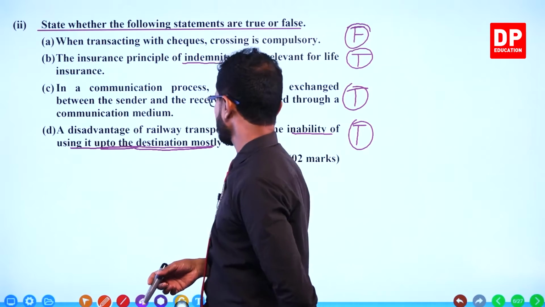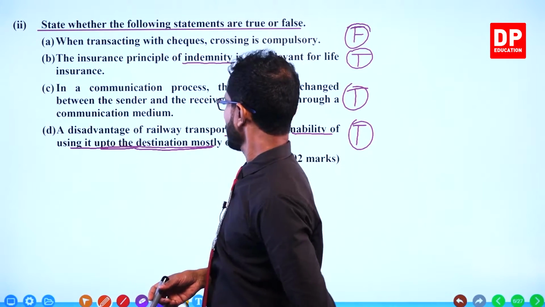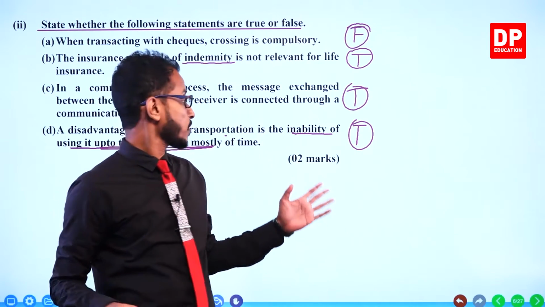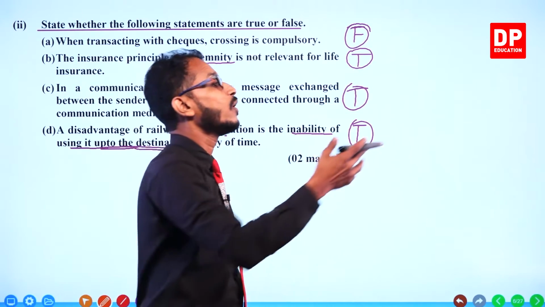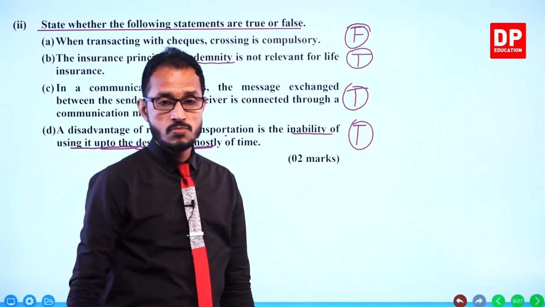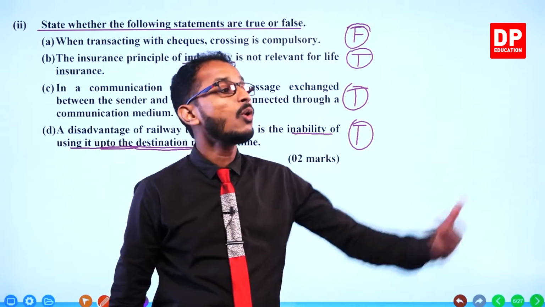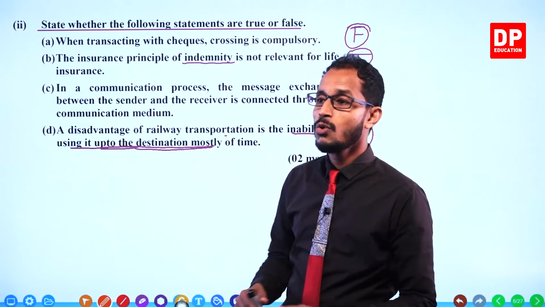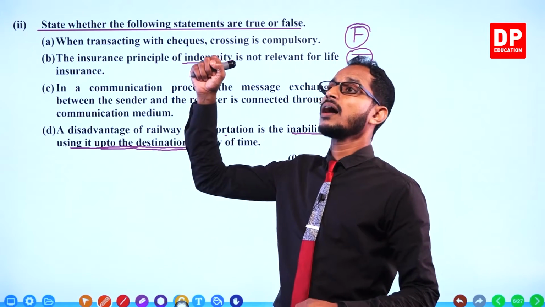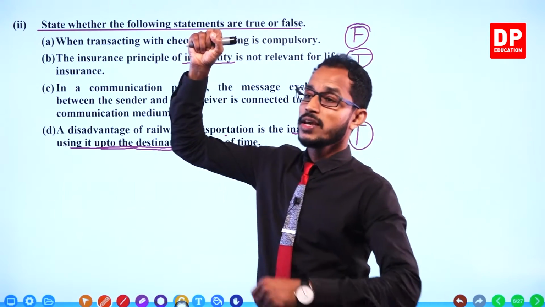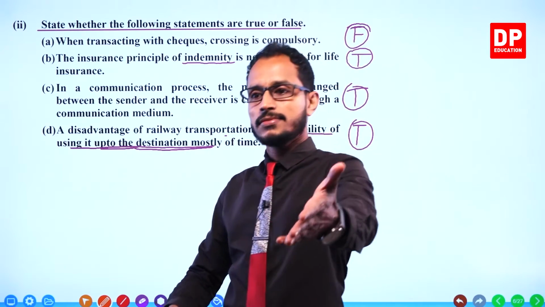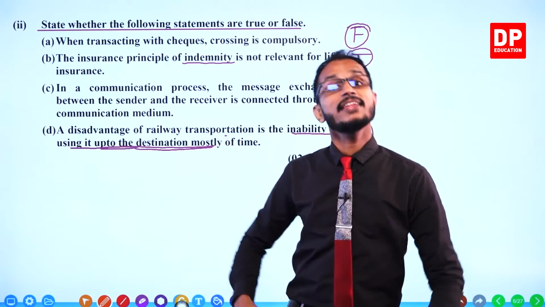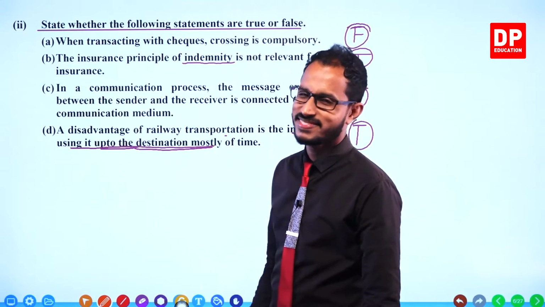Mostly, most of the time. That is true, because you can't take the train to your home. Can you take the train to your home? That means you go by train and you get off the train right at your doorstep.